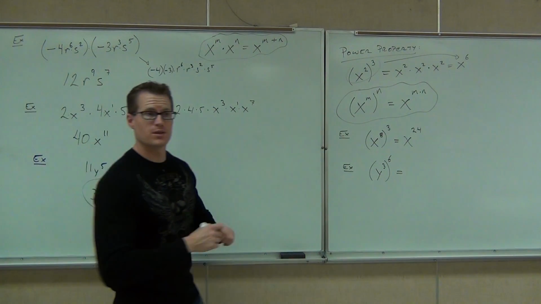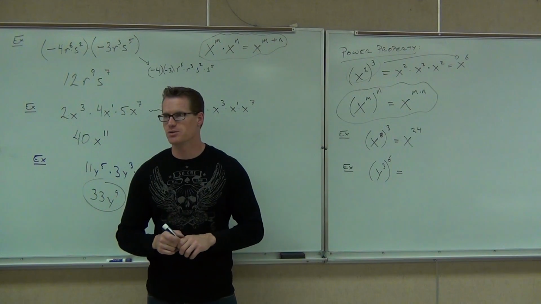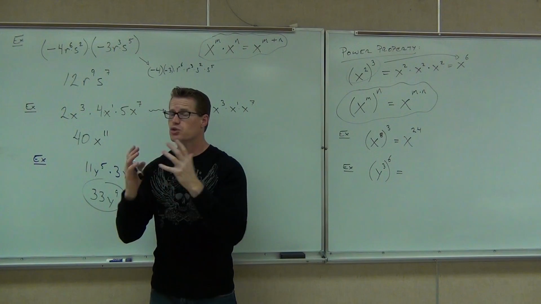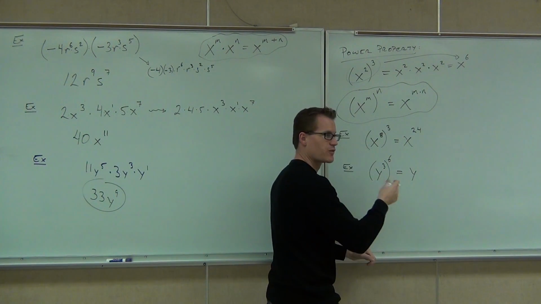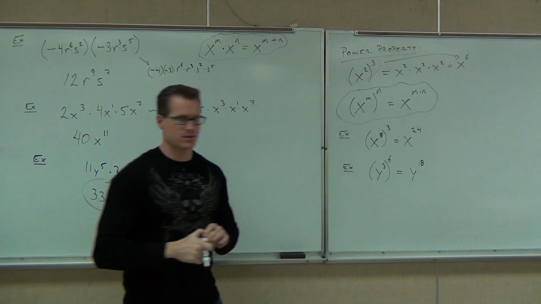What'd you get? y to the 9th or y to the 18th? 18. Is there a big difference between those? Yeah, huge difference. Remember, you're dealing with exponents. 2 to the 9th and 2 to the 18th are hugely different. So y to the 9th and y to the 18th would be very different. We've got to get these right. So we do the 6 times 3, we get y to the 18th.